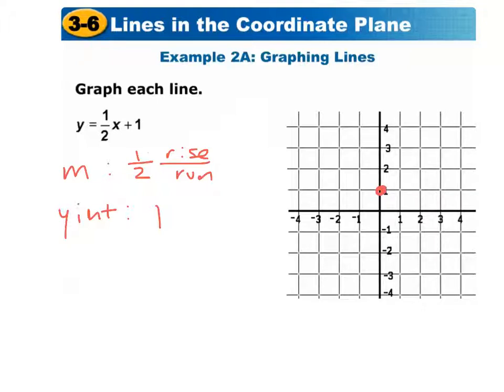The point where it crosses the y-axis is 1, so we would have (0, 1) as our first point. And then rise would be 1, run would be 2, so we go up 1 over 2. We have another point there, up 1 over 2, and another point there. We just put a line through the 3 points.